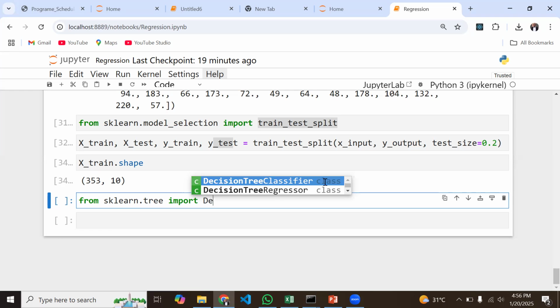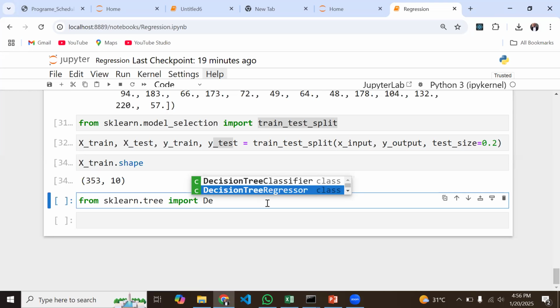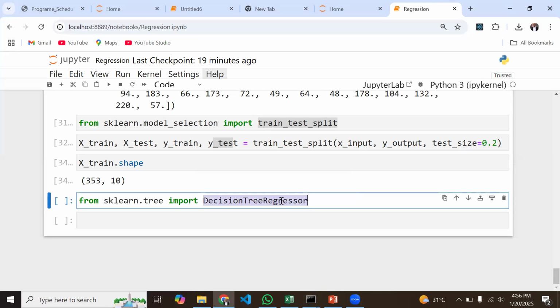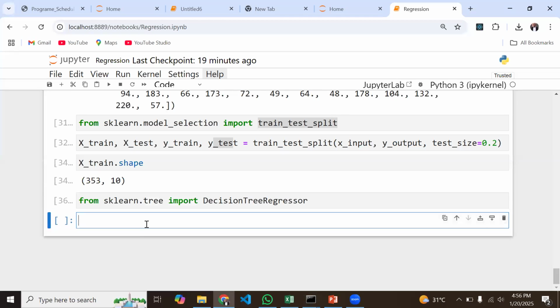If it is a classification, we can use the decision tree classifier. But this time around, we are doing a regression. So we can import the decision tree regressor. So this is what we need, and this is going to be the algorithm for which we are going to create that regression model. So I'll run this. And now I'm going to say model one, or okay, let's call this DT_model. So that's the decision tree model.